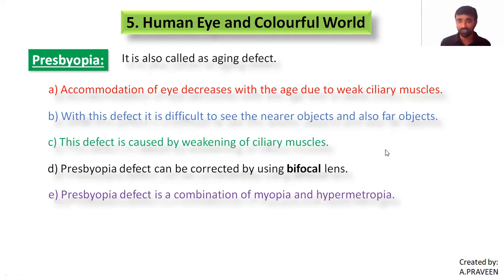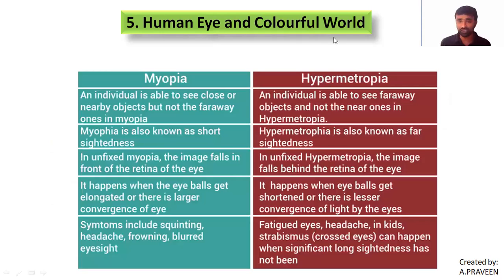So before going to that, here it is given, the last point of that. Then see the defects' differences. Myopia and hypermetropia comparison. Here, a person with this defect is able to see the nearer objects clearly, but not far objects. In hypermetropia, he can see the far objects clearly, but not the nearer objects. Right?